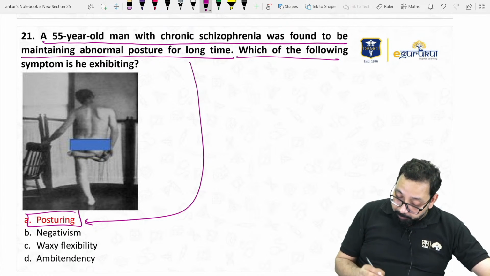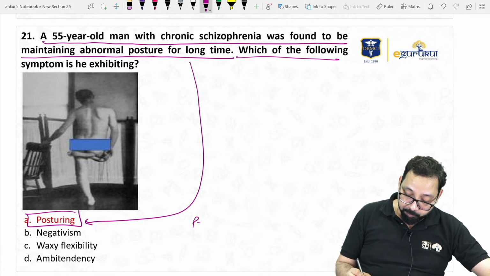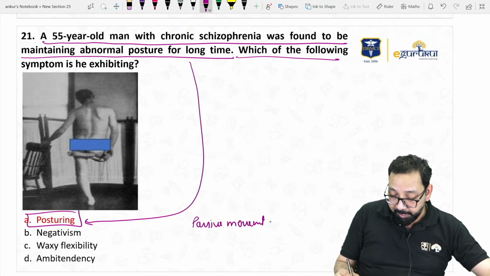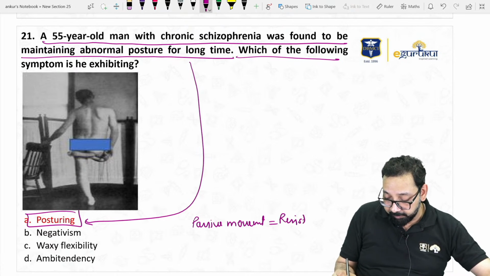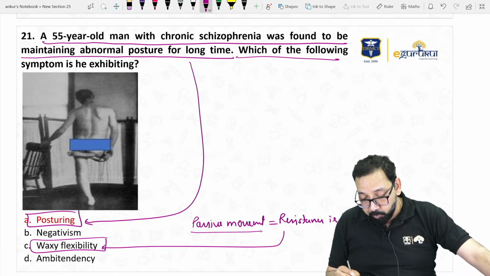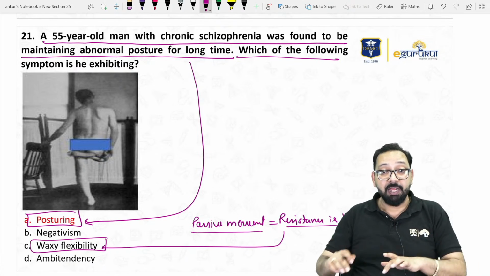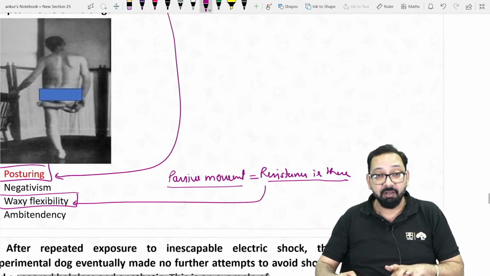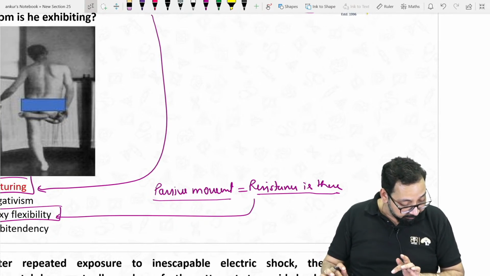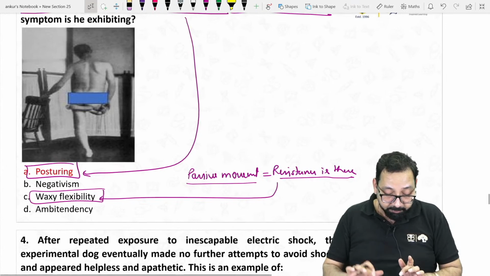But if you do passive movement and resistance is there, the answer is waxy flexibility. If there is resistance on passive movement, just like you are bending a wax candle, then it is waxy flexibility.